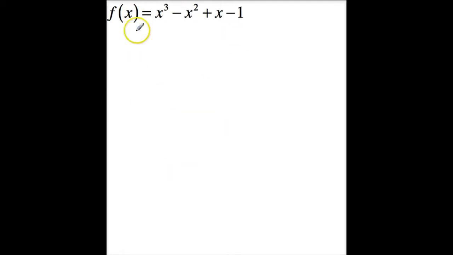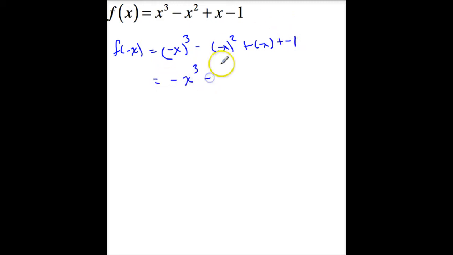Okay, let's try this one. Let me plug in f of negative x. I have negative x quantity cubed minus negative x squared plus negative x plus and minus 1. So this is negative x cubed minus x squared minus x minus 1.